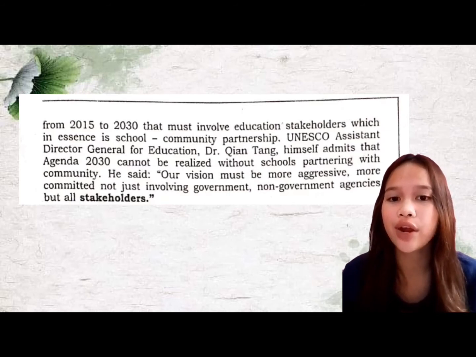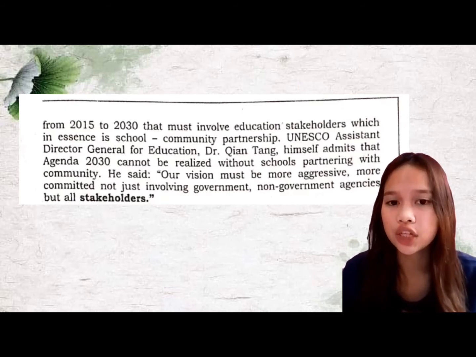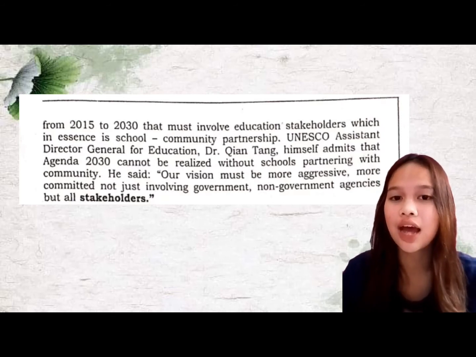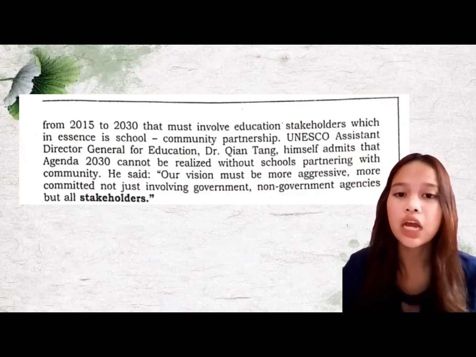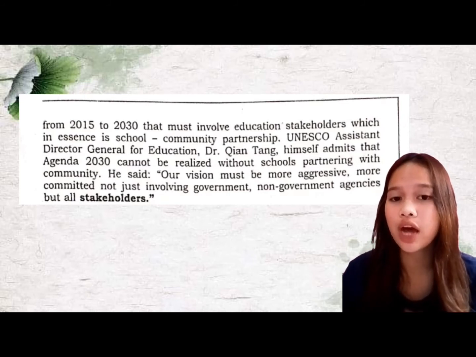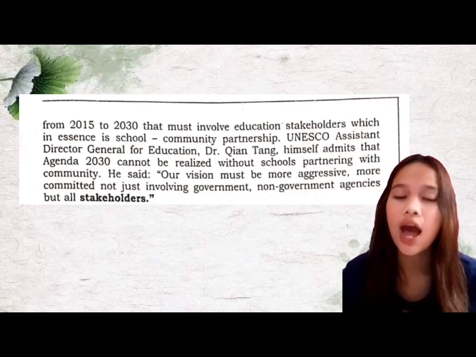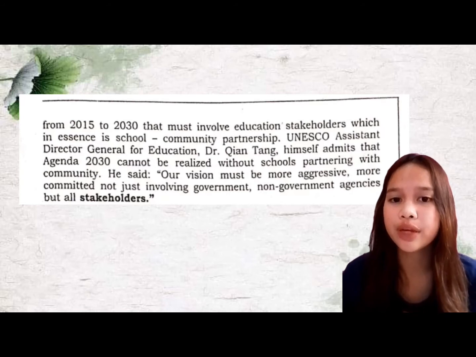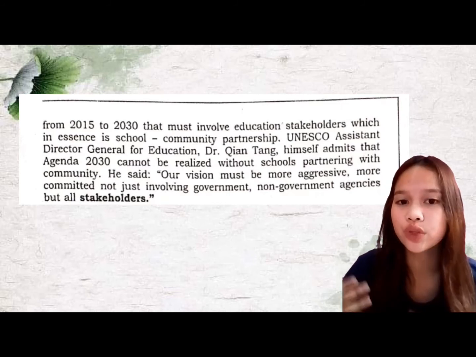UNESCO Assistant Director General for Education, Dr. Kian Tang, himself admitted that Agenda 2030 cannot be realized without schools partnering with the community. So, what does this imply? This indicates that without the school or the community, Agenda 2030 will be impossible to achieve because schools should be supported by the community, not just the school itself.